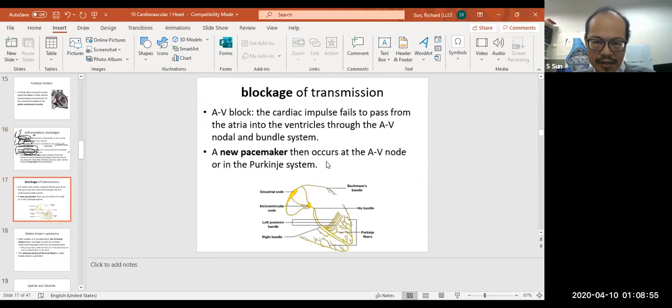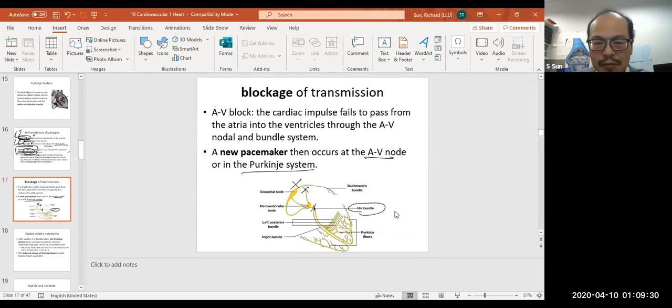So the blockage. This is basically saying that if the SA node is damaged, or usually the damaged part is the bundle of His, because this one is only one fiber, like a nerve. If this region got injured, then the AV cannot send the signal. So either this region is injured, or if this region is injured, it will be the AV or the Purkinje fibers that take over and generate impulses.